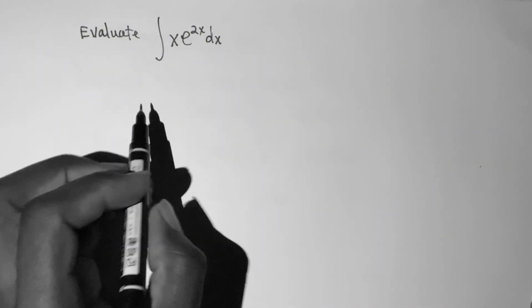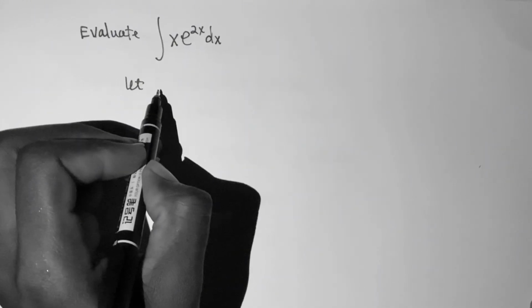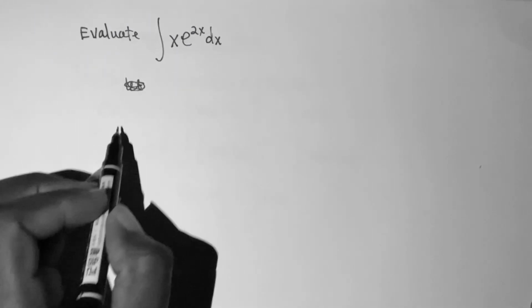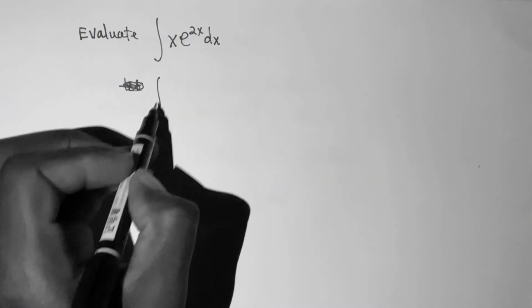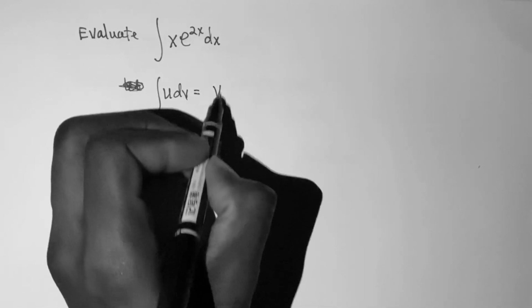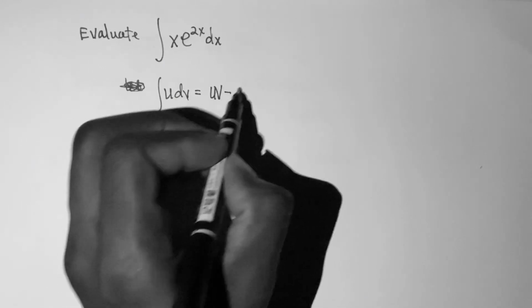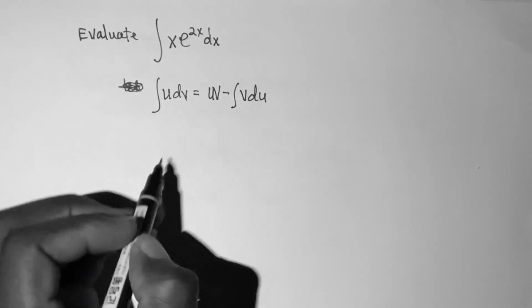So in this case, let's first write down the formula. The formula is integral of u dv equals uv minus integral of v du.